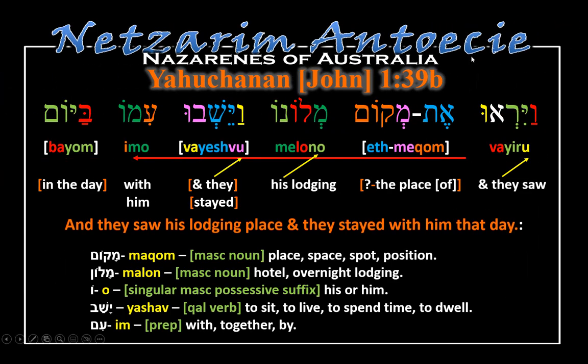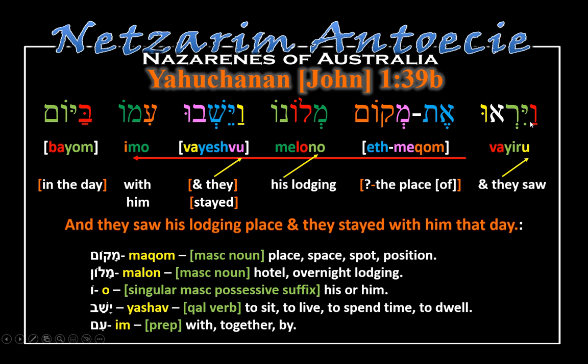And now we come to 39b. And we have a vav, yod, resh, aleph, vav. Aleph, tav, mem, kuf, vav, mem, sofit, mem, lamed, vav, nun, vav, vav, yod, shin, vet, vav, ayin, mem, vav, bet, yod, vav, mem, sofit.